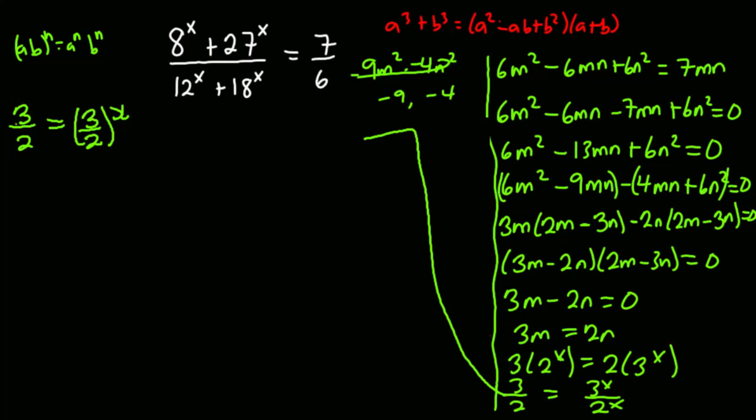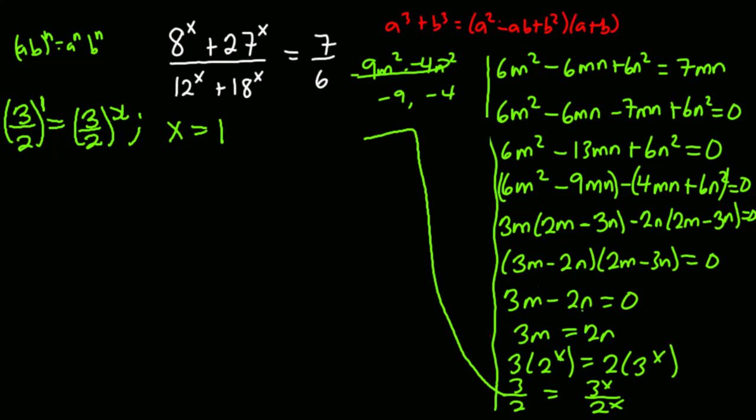Remember that 3 on 2 is the same as 3 on 2 exponent 1. And so the bases are the same, and therefore x is equal to 1.